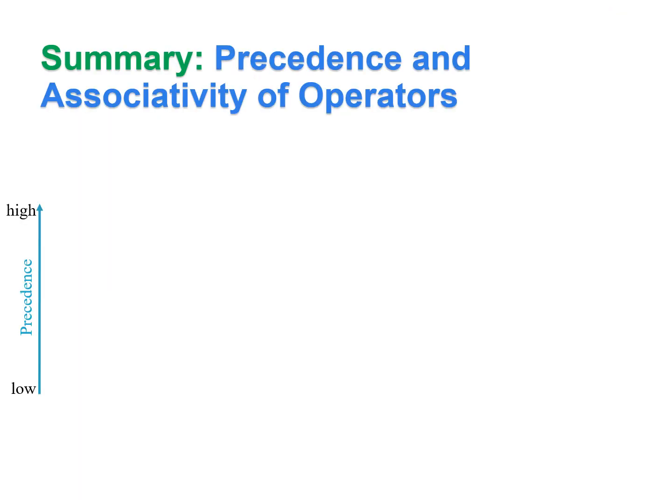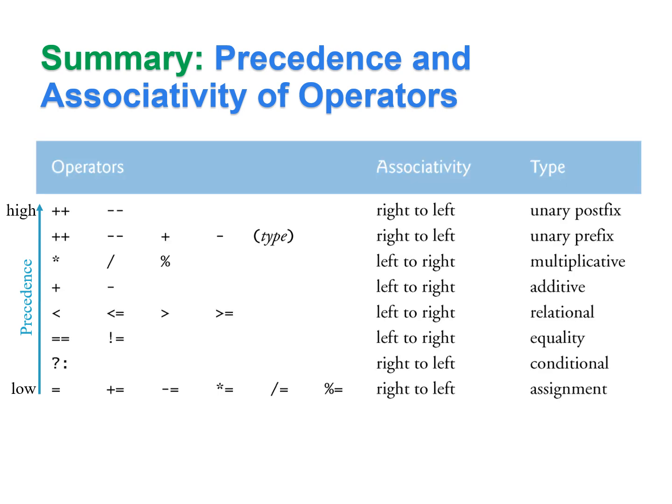Let's summarize the precedence and associativity of the operators we have learned. The only operator in this table that we have not learned is the conditional operator. This table lists the operators in the order of precedence from high to low. Those in the same row have the same precedence.